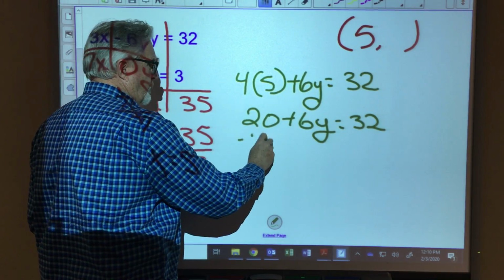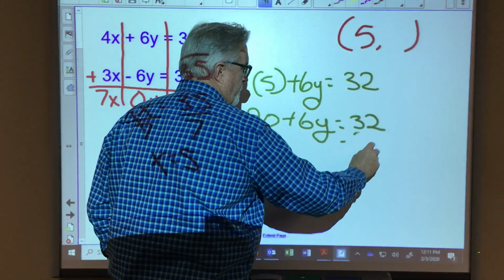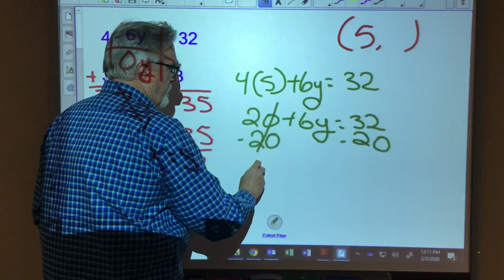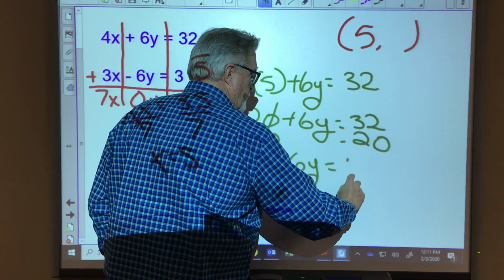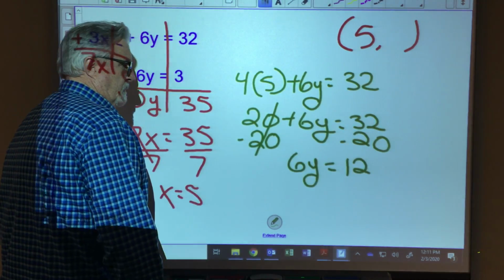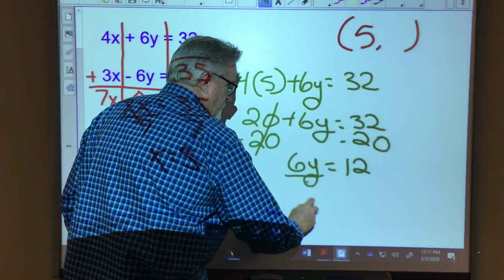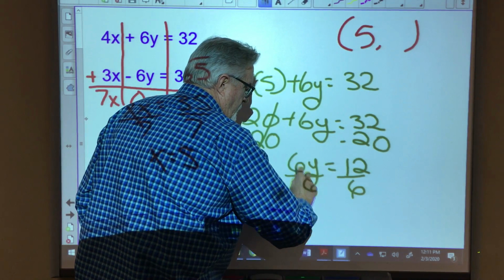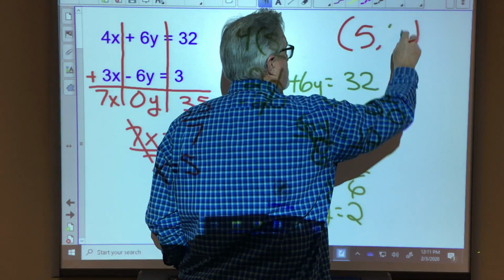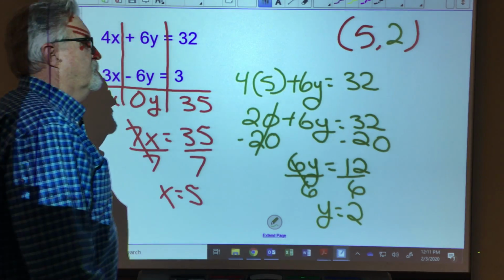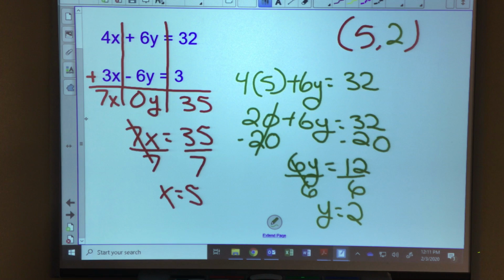We need to subtract 20 from both sides. When I subtract 20 from both sides, I've got 6y is equal to 12. Then it's just a matter of dividing by 6 to finish isolating y. We get y is equal to 2. So our solution to this system of equations is the ordered pair (5, 2).